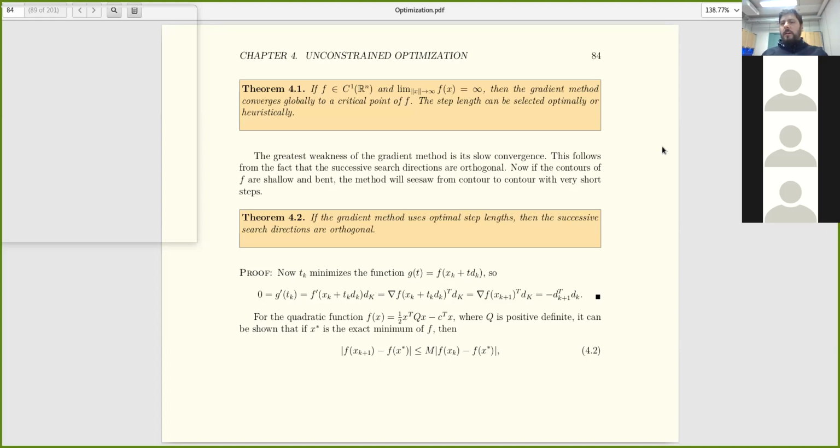It is a two-dimensional situation where we have a valley, but the bottom of the valley is shaped like a banana. In certain situations, this so-called Rosenbrock function, there are other versions of the Rosenbrock function as well. It's the simplest one.